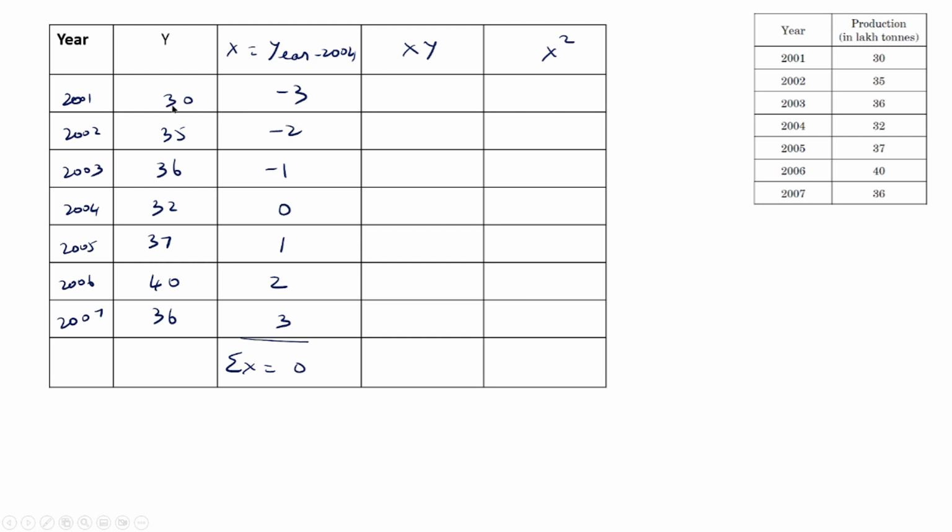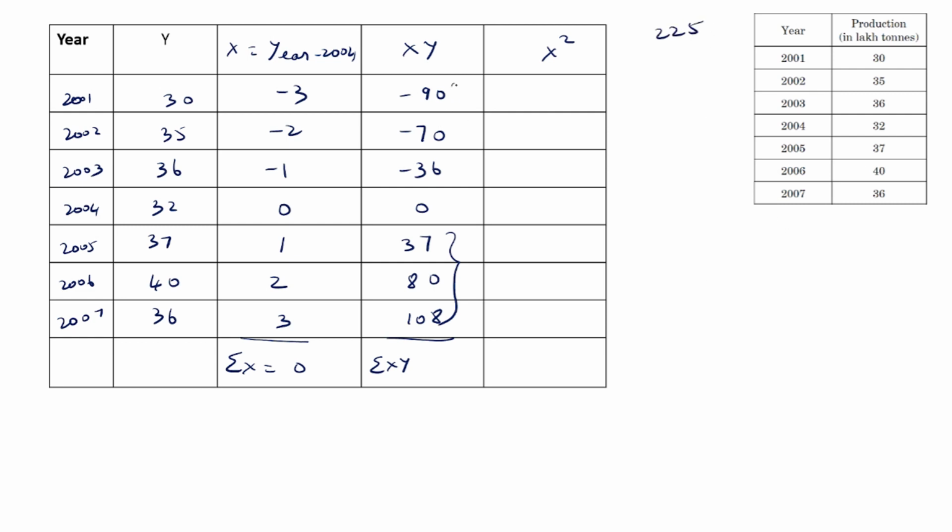So, xy is 30 into minus 3. So, minus 90, then 35 into minus 2, minus 70, 36 into minus 1, minus 36. 32 into 0 is 0, 37 into 1, 37, 40 into 2 is 80, 36 into 3 is 108. So, here we have to find summation xy. So, when we add these three, 37 plus 80 plus 108, it is 225.